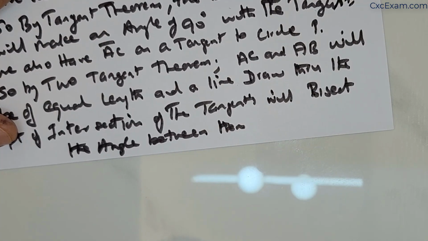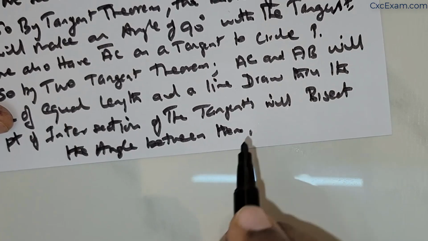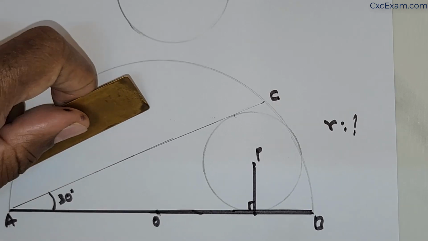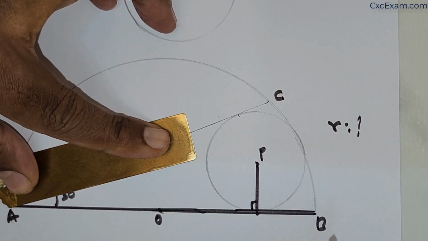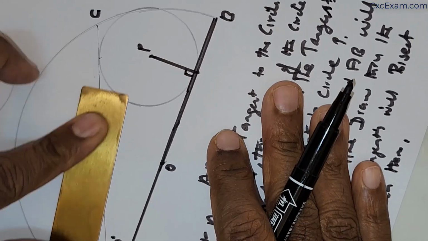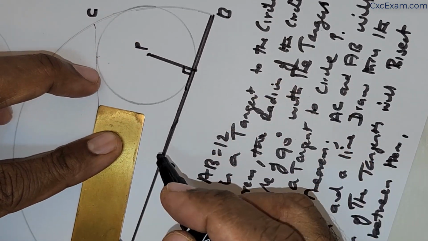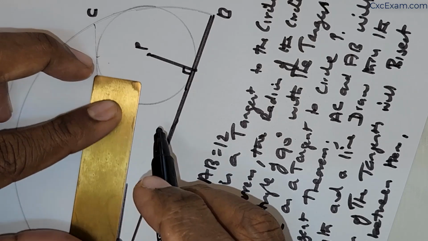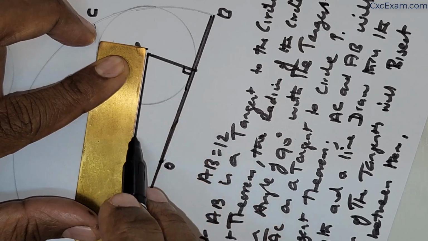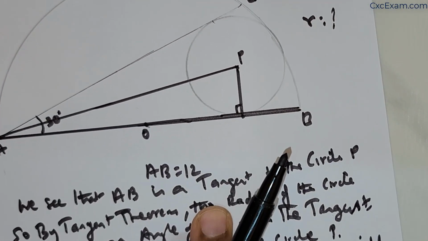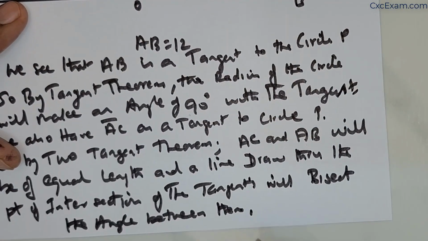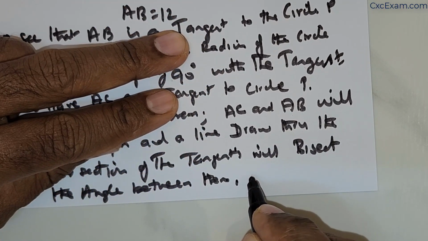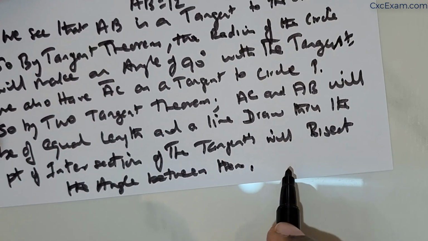Okay, you follow me? So if I were to draw a line between them, this will bisect the angle and pass through the center. I think this is fair enough.